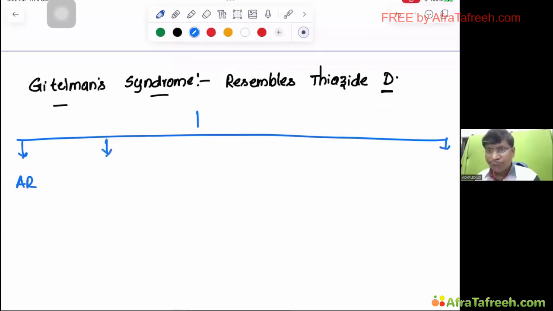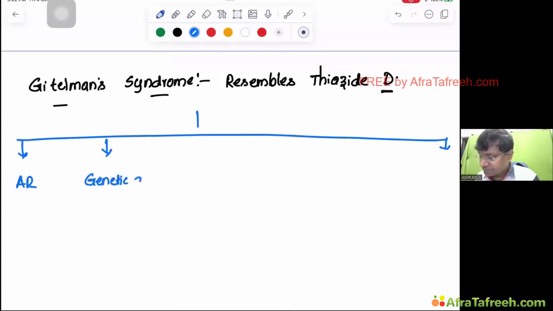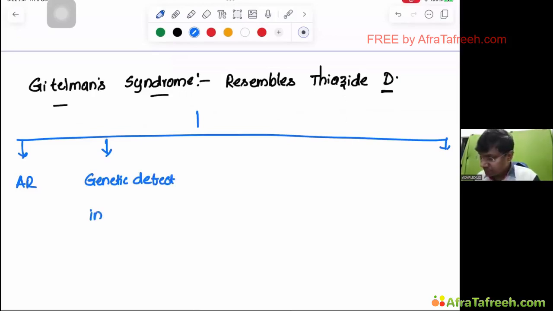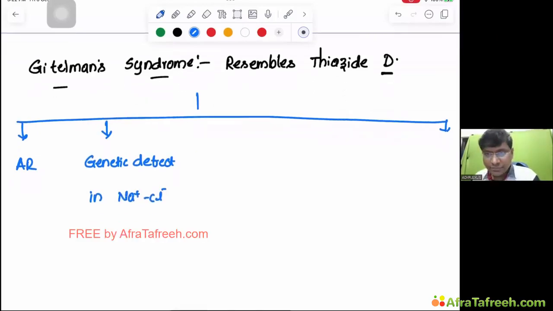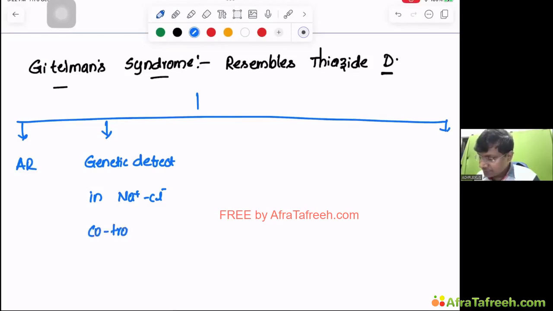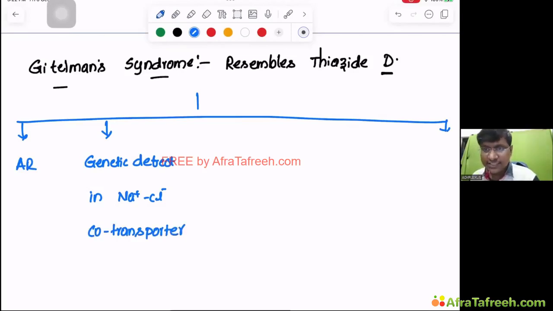And what is the problem here? It is the genetic defect in the sodium chloride channels in the DCT, where the site of action of your thiazides is. So the sodium chloride co-transporter becomes defective, as in the case of your thiazide diuretics.